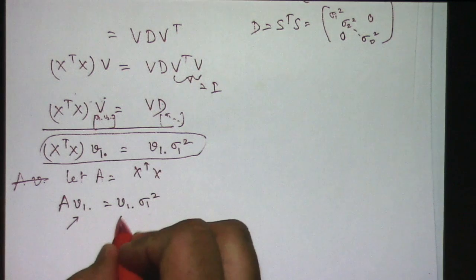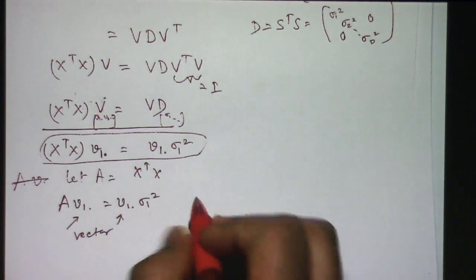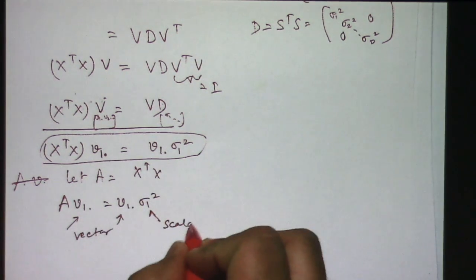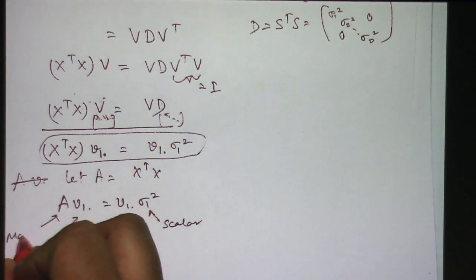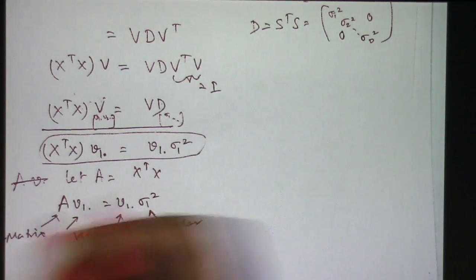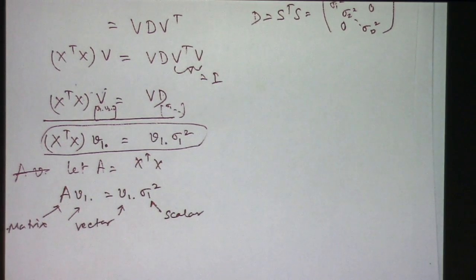So this is a vector, this is a vector, and this is a scalar, and A is a square matrix, because it's X transpose X, right?